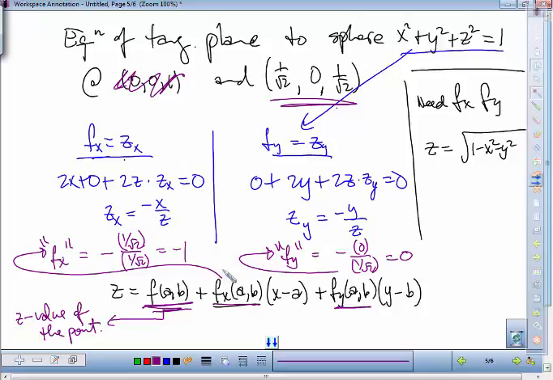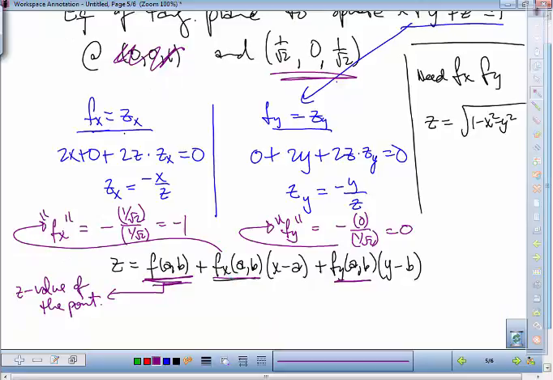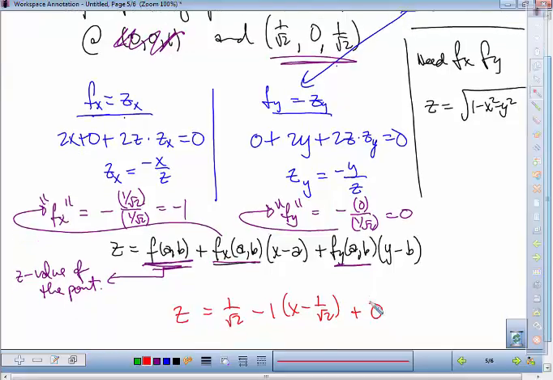So that's just 1 over root 2. So then the equation of the plane is going to be z is equal to 1 over root 2 minus 1 times x minus a, plus 0 times whatever else is left there. If you were to graph the unit sphere, and then graph this, you'll see that it'll actually be tangent.